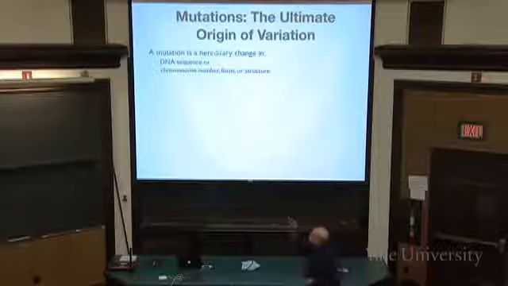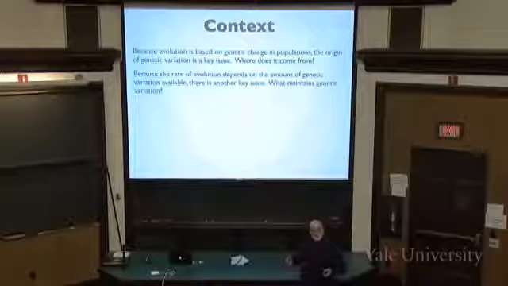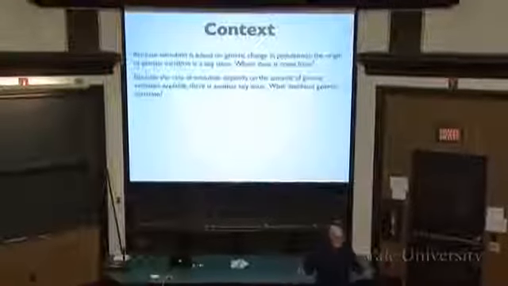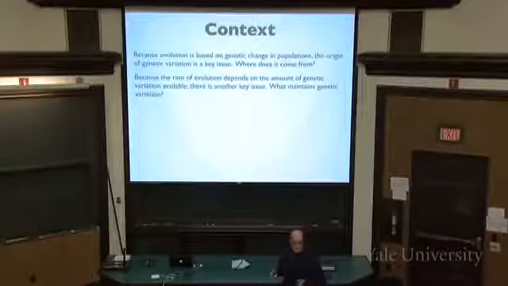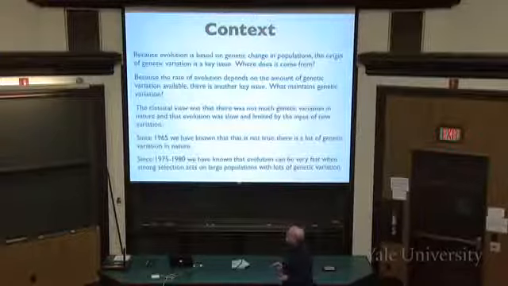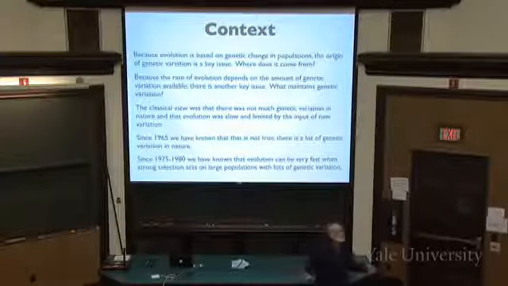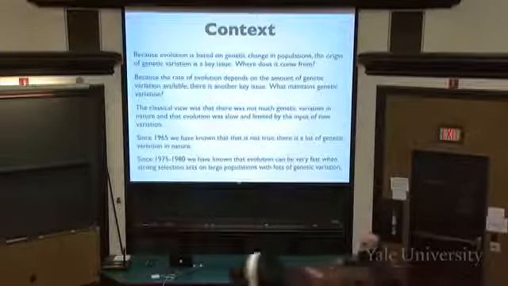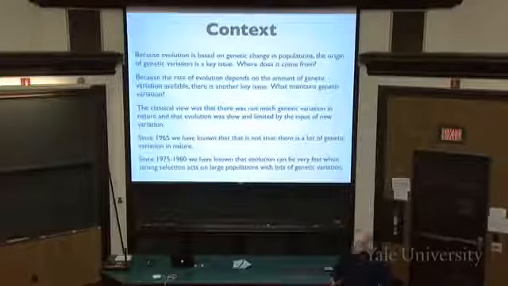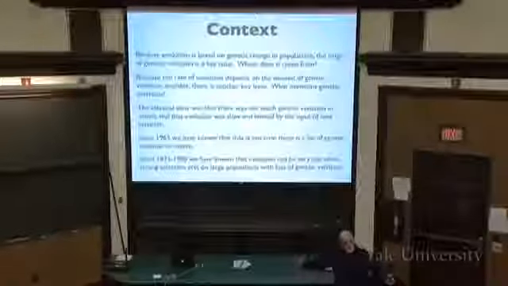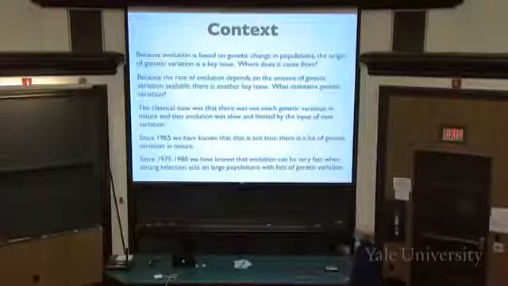Mutations set the limit on the amount of genetic variation that's available in the population, so we need to know what maintains the variation. If you were to go back 50, 60 years, which is what we now think of as the classical view, remember the classical view is a moving window in time.